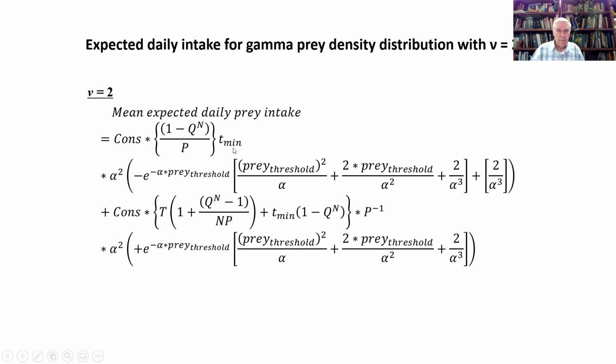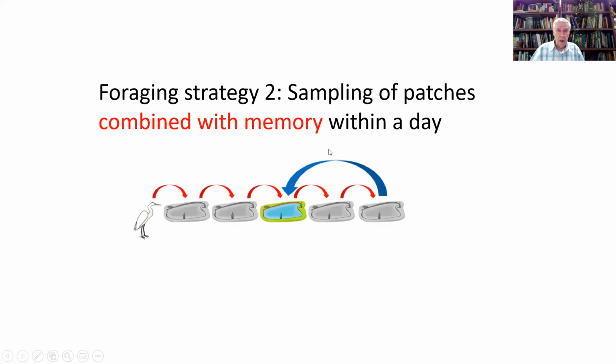In this case, the only parameters from the gamma distribution are the alphas. And these are our values of prey threshold, and these are values of both P and Q, which depend on the distribution and what prey threshold the wading bird has chosen. Okay, so that's basically the formulas we get for foraging strategy 1.